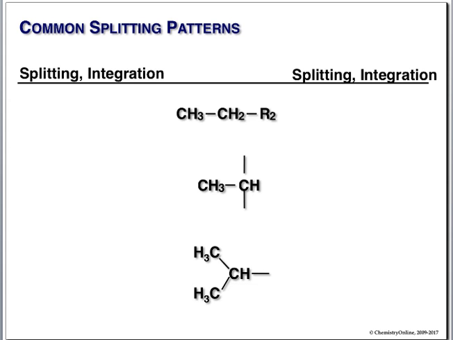All right, our first is a CH3. What's it next to? Next to a CH2, isn't it? So this signal is going to have an area of 3, and it's going to be split into n plus 1, that's 3 peaks. Triplet, area 3.